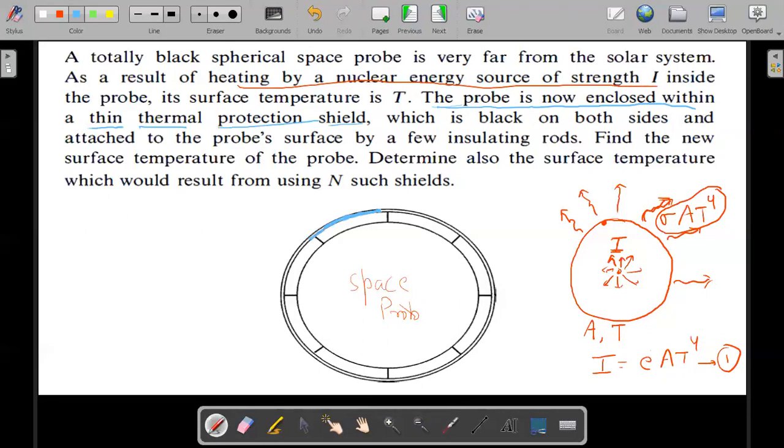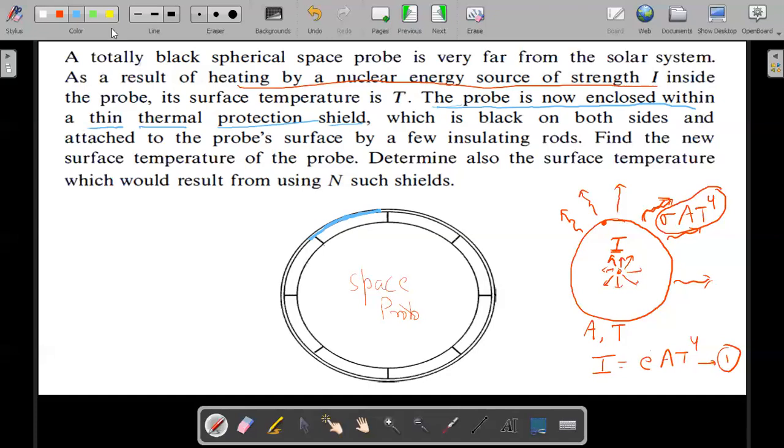And the two are now connected by insulating rods. These small straight lines are basically insulating rods which act like a connector between the space probe and the protecting shield. We have to find the new surface temperature of this object.